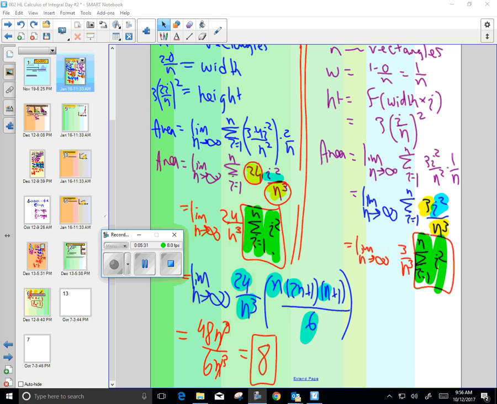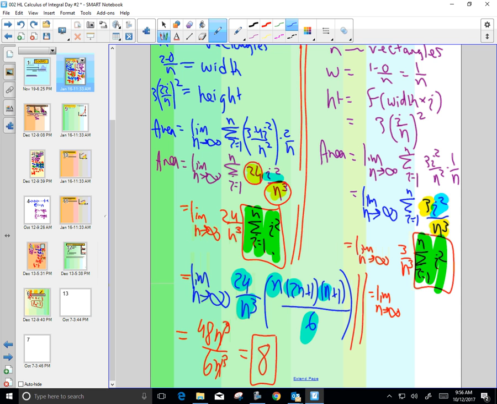All right, so this one, did you get, for this one, limit n approaches infinity of 3 over n cubed times n times 2n plus 1, n plus 1 over 6.